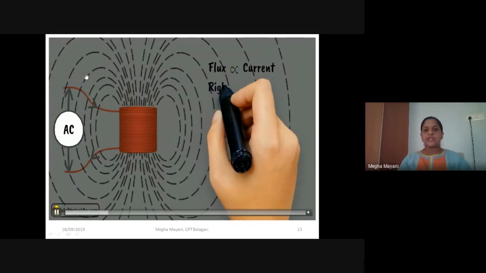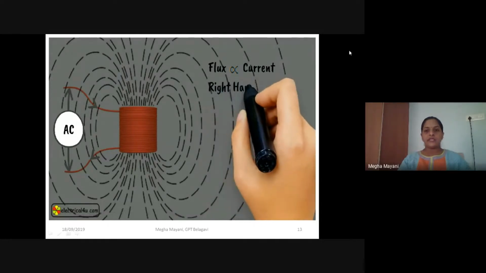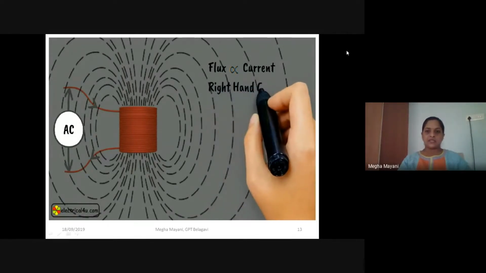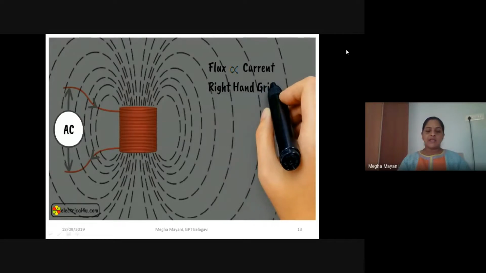Now, to know the directions for the flow of current as well as the flux, we can apply the right hand grip rule.